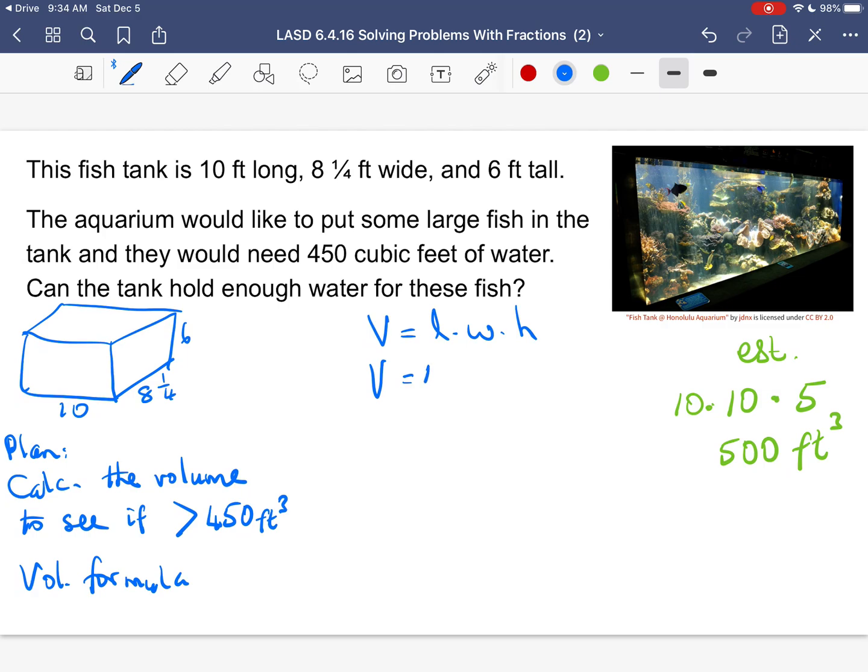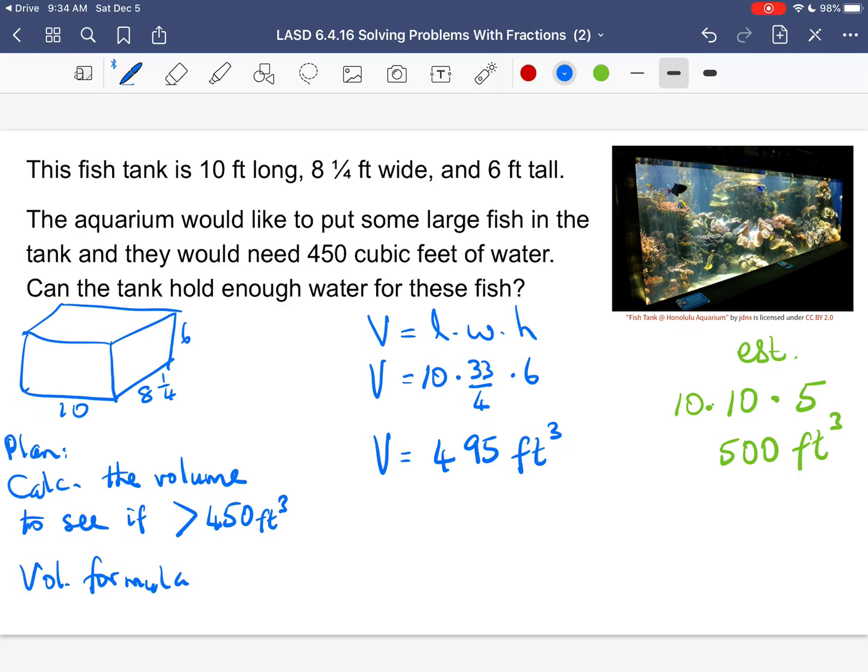Length 10, width I'm going to convert 8 1/4 to an improper fraction, which is 33/4, and I'm going to multiply that by the height, which is 6. When I multiply all of these out, I get a volume of 495 cubic feet. I had estimated about 500, so I'm happy with 495.